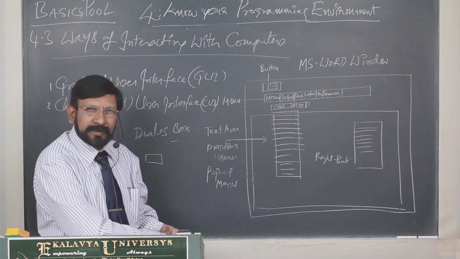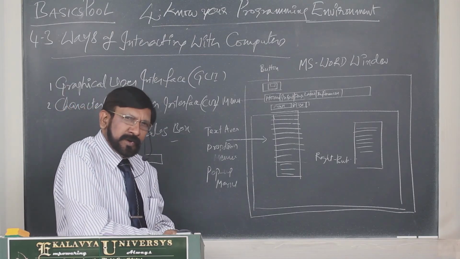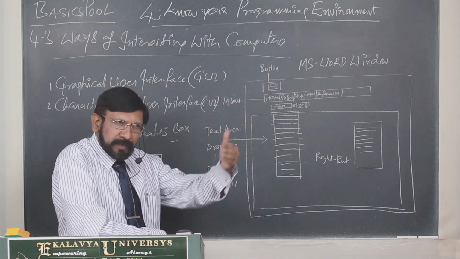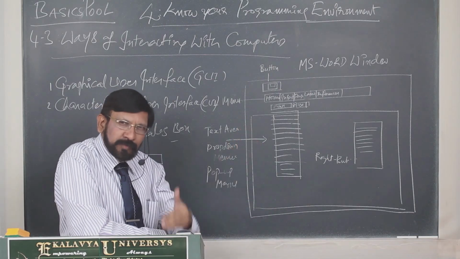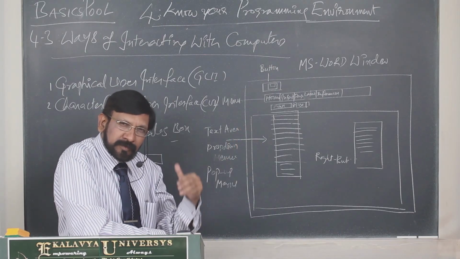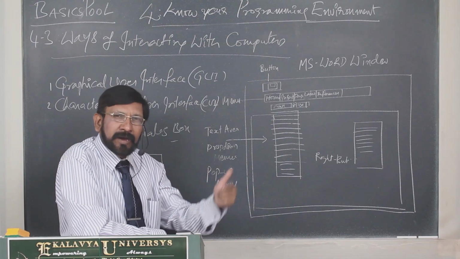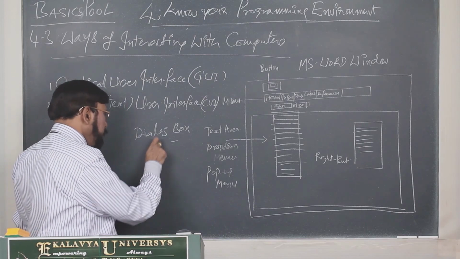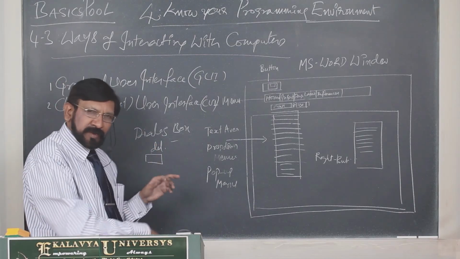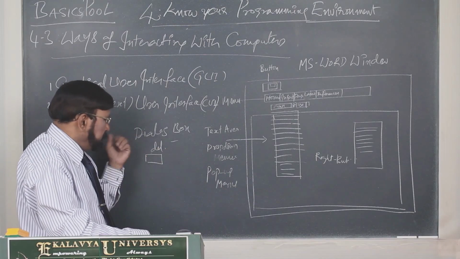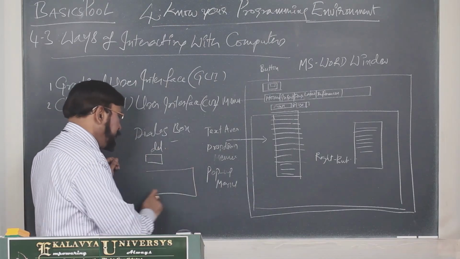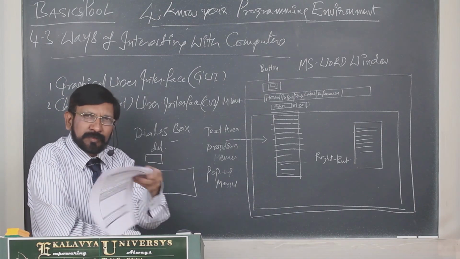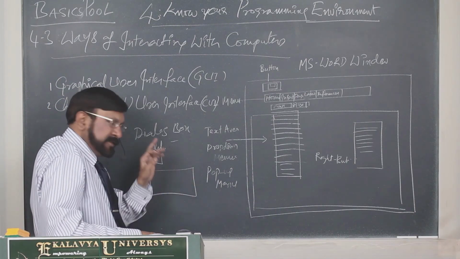You want to delete it. Sometimes you may accidentally delete it. That's why the system has to draw your attention whether you are doing it accidentally or intentionally. For that purpose, whenever you use the command to delete this file, one dialog box is opened. In the dialog box, it specifically asks you, would you like to delete this file?